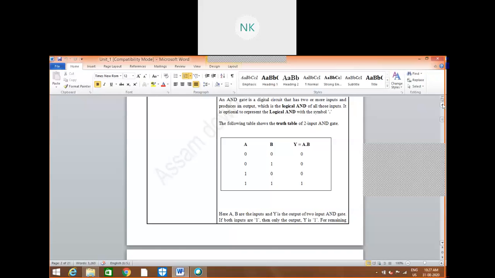Suppose we have two inputs A and B. If you have 0, what does it mean? No signal is there in the digital circuit. And if we have 1, there is a signal in the digital circuit.